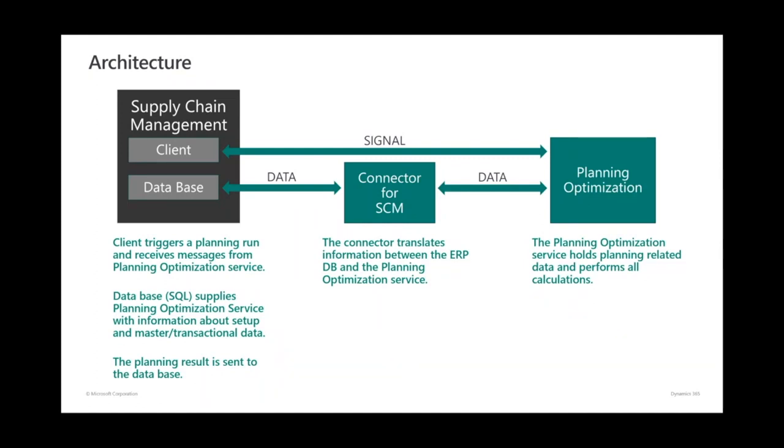As soon as the planning service is triggered, the connector grabs data from the SQL database and bulk copies data into our servers, which are made for planning and optimized for planning execution. It executes the planning and then uses the connector to drop the results into the ERP database.